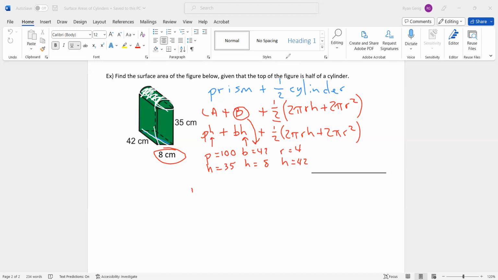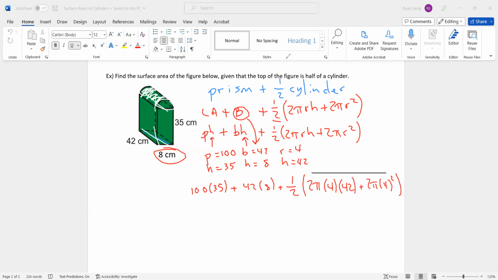So the perimeter is 100 times the height of 35, plus base times height, which is 42 times 8, plus half of 2 pi r h, plus 2 pi r squared.